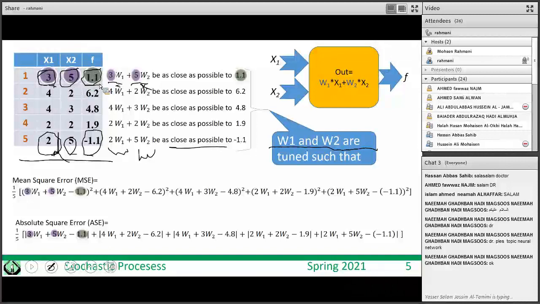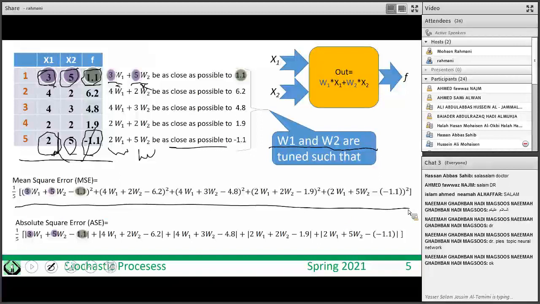In order to have this, I said that I have to minimize this. Please have a look at this formula.